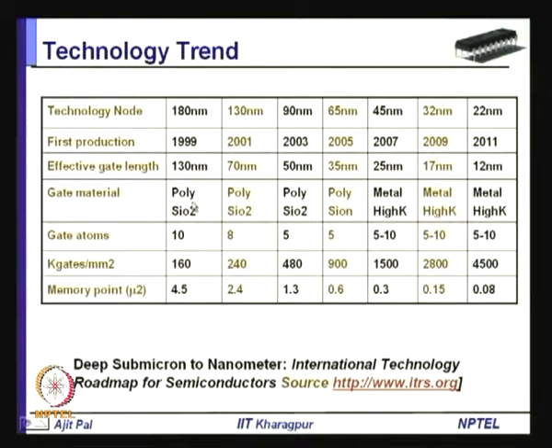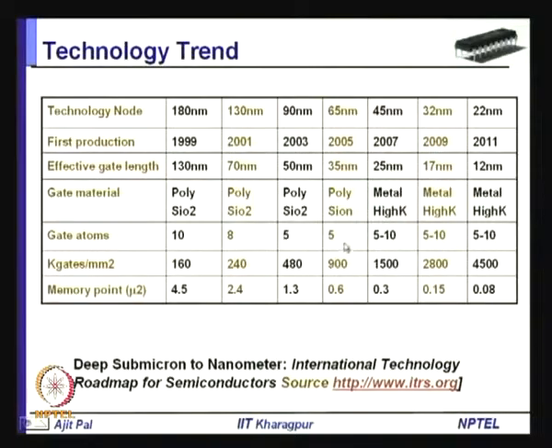But as you reach 65 nanometer, you can see the number of atoms in the gate region. The silicon dioxide layer is reduced to only 5 atoms.